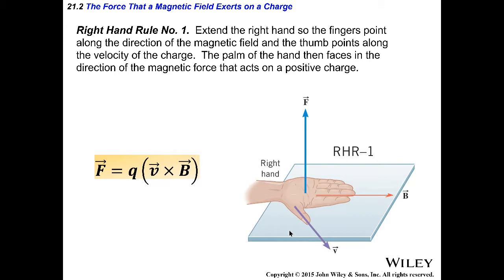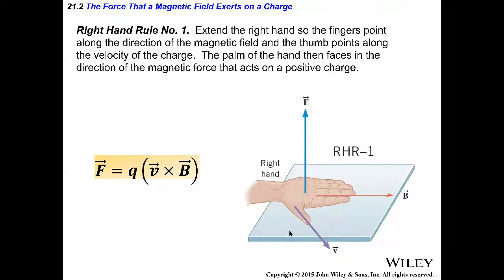Then I will curve my hand in the direction of the magnetic field. And if I'm able to do that, then my thumb gives me the direction of the force. You got it? And so this is the right hand rule.